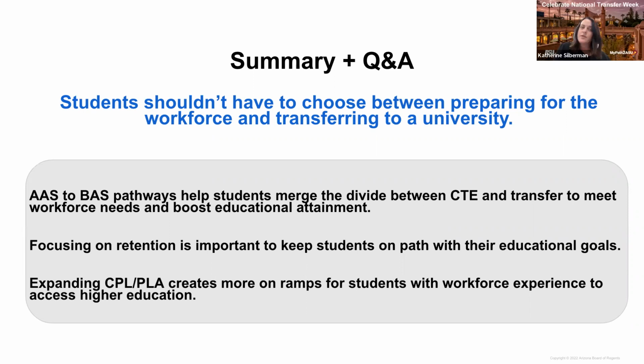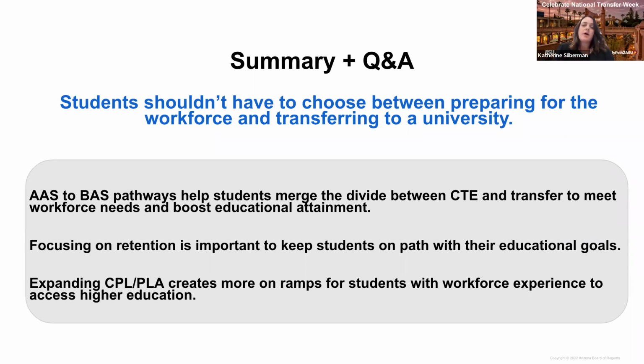That's a good question. I don't have examples other than the AAS to BAS tool, which I know is helpful. When I started advising, we knew about the AAS to BAS pathways, but we didn't know which ones really went with what.